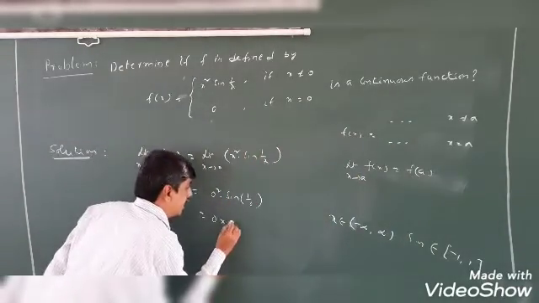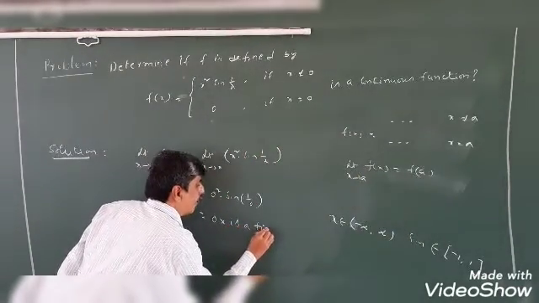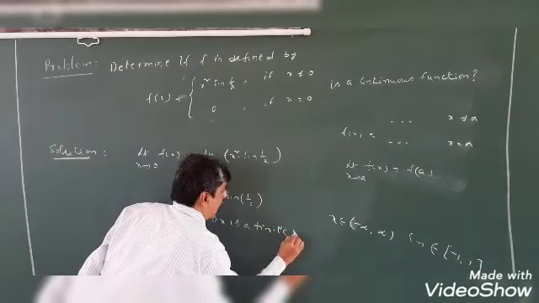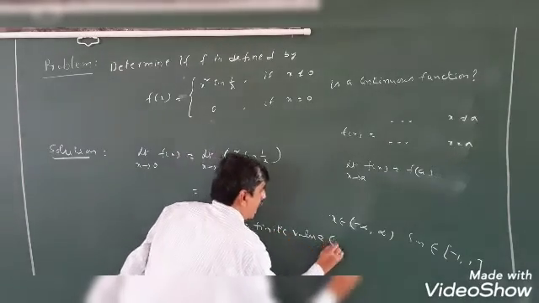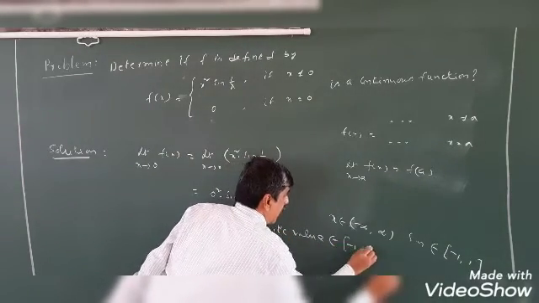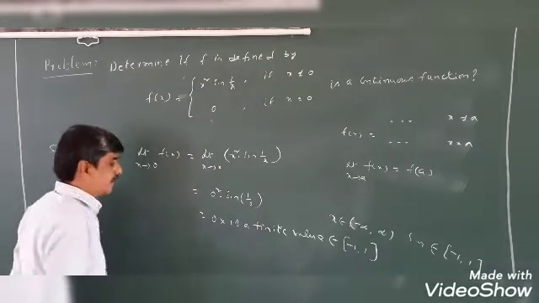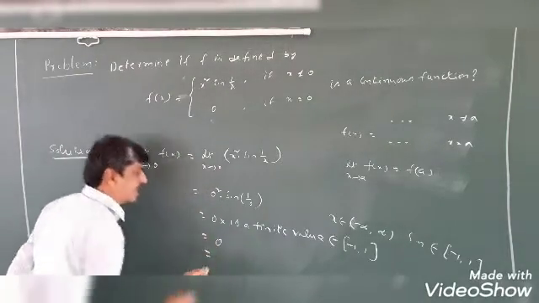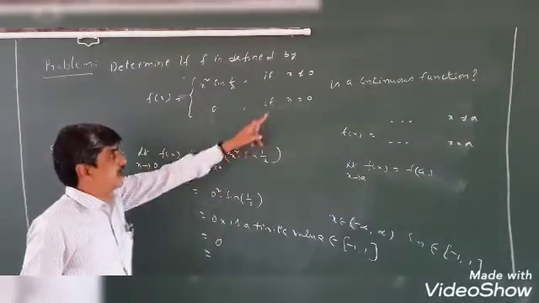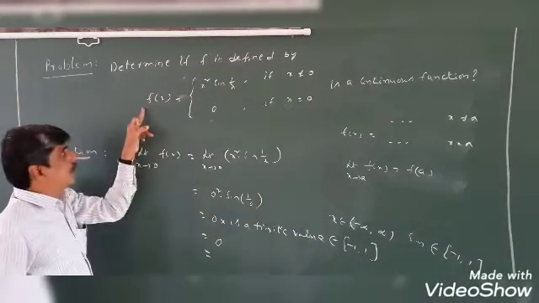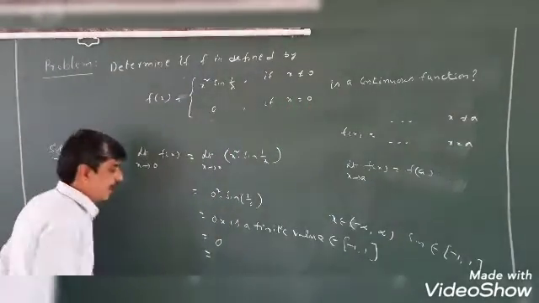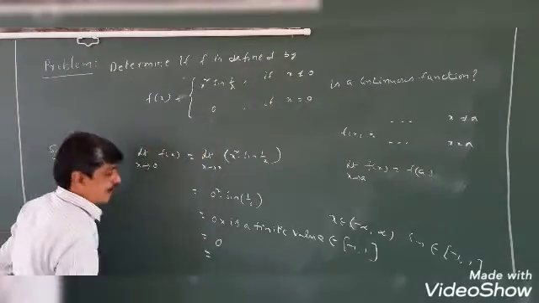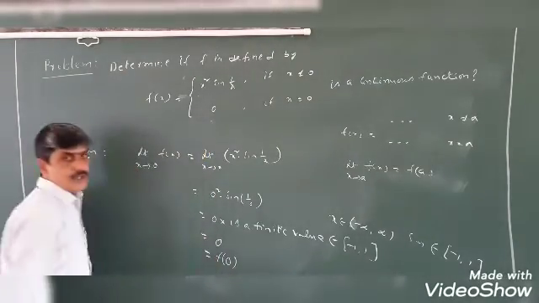Means this value is a finite value, belonging to the closed interval minus 1 to 1. So it is 0 into something, and 0 into something is equal to 0. At x is equal to 0, f of x is equal to 0 as well.